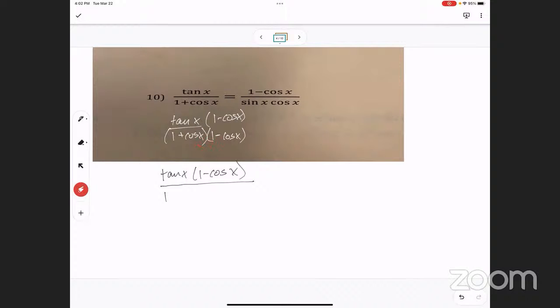You with me? And what's negative cosine times 1? That's negative cosine x. So what happens to those two? They cancel, so I'm not even going to write it. Is that okay with everybody? And then what's cosine times negative cosine? That's negative cosine squared x. Got it? You get how I did that?